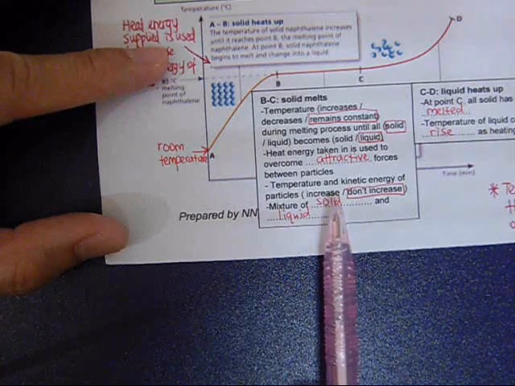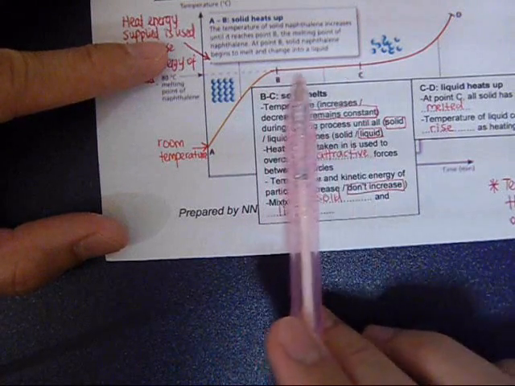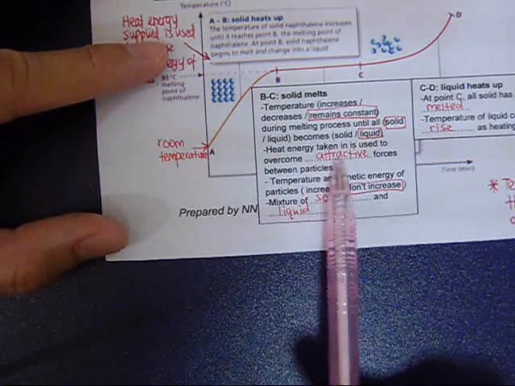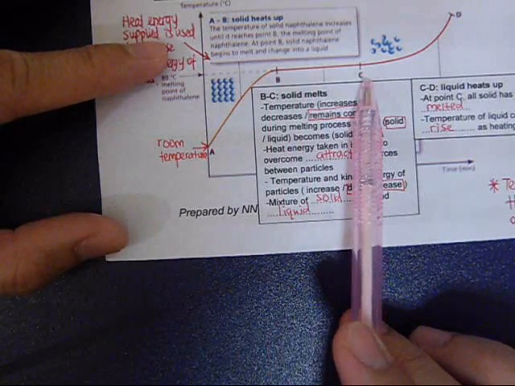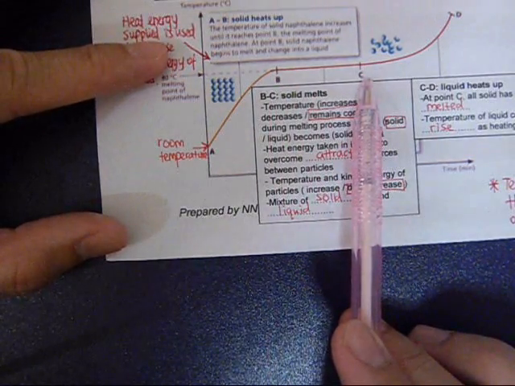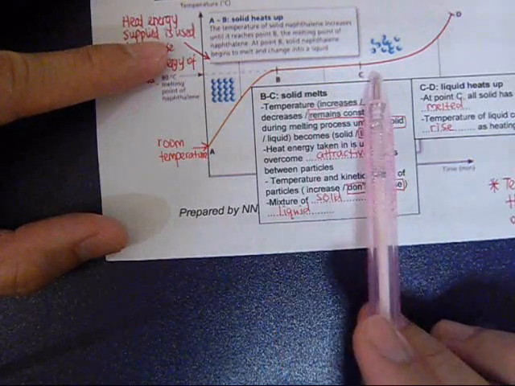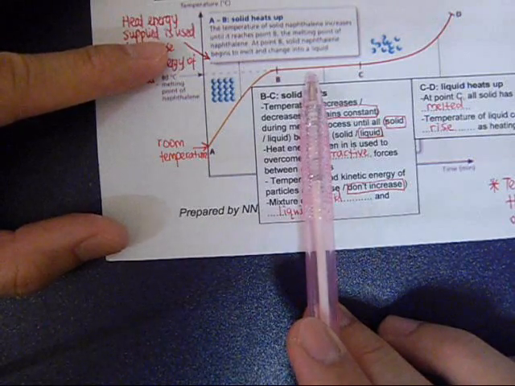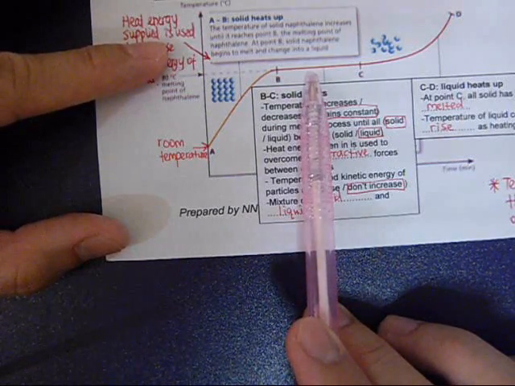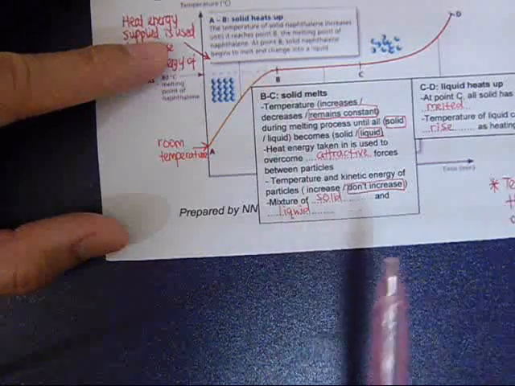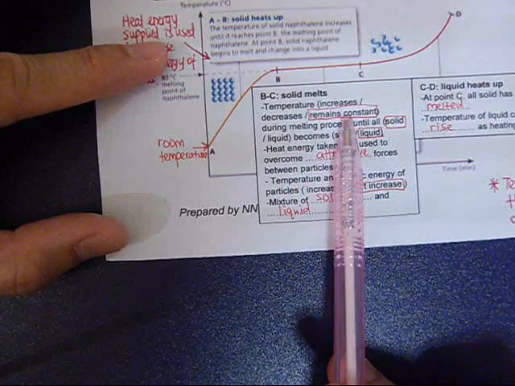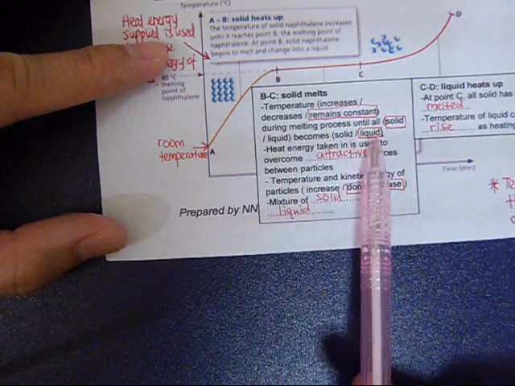Therefore, from B to C, there is no increase in the temperature, and the heat provided is used to overcome the attractive forces between the particles, not to increase their kinetic energy. That means from B to C, the speed of motion or vibration of the particles does not change. From B to C, temperature remains constant, until all the solid becomes liquid.